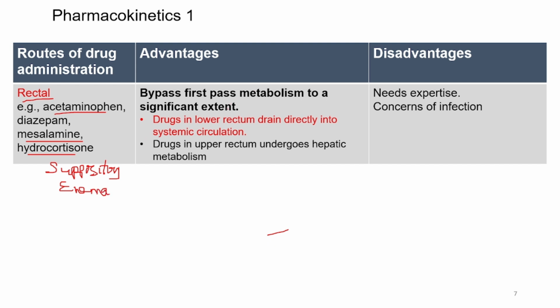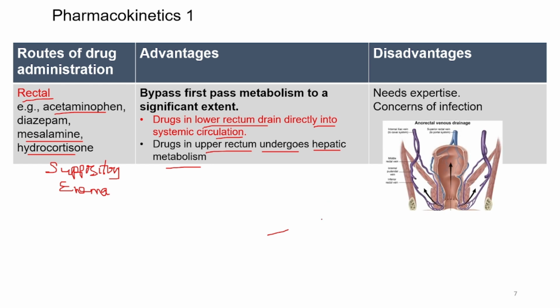By administering in the lower rectum, the drug enters the systemic circulation without undergoing liver metabolism. If we administer in the higher rectum above the pectinate line, then it will undergo metabolism in the liver, which I will show you in this diagram.